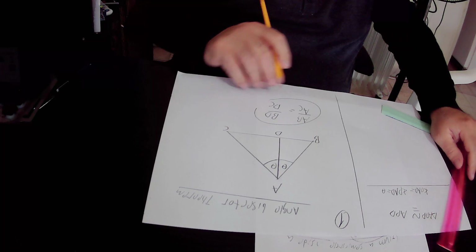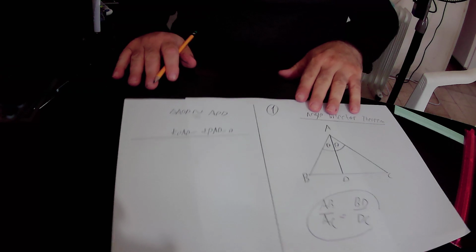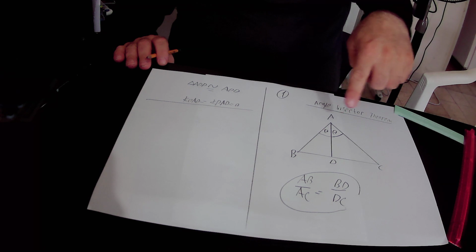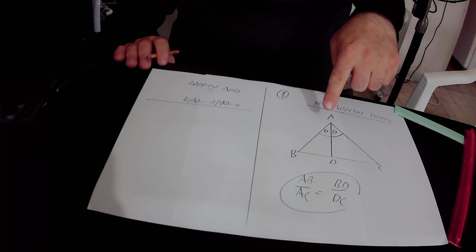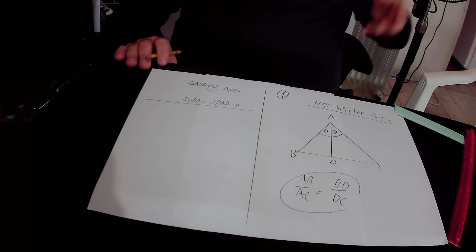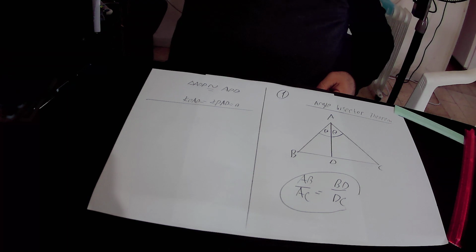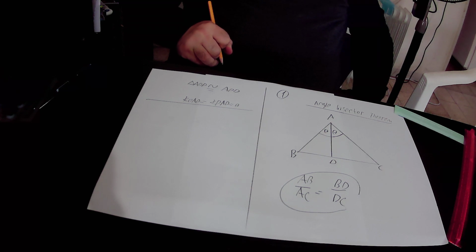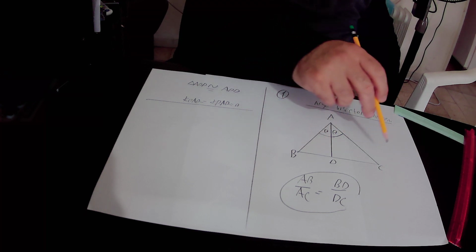I repeat again that according to the angle bisector theorem, if we have this triangle ABC, that could be any triangle, and AD is the angle bisector of angle BAC, bisecting it into two halves, each equal to theta, then AB over AC equals BD over DC.